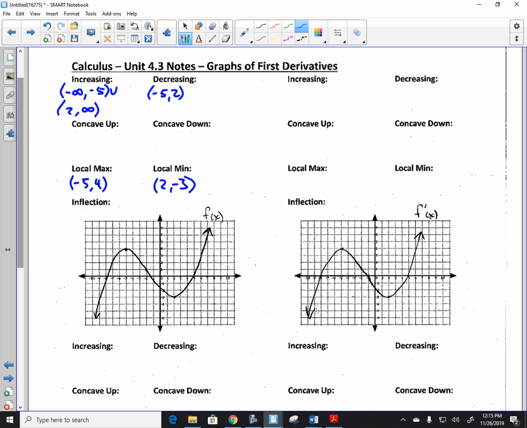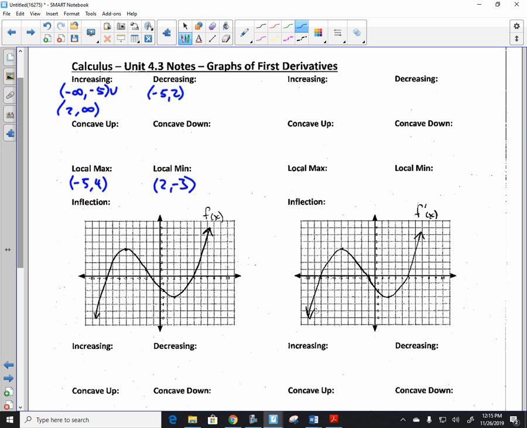Okay. Concave up or concave down? Concave down. Concave up or concave down? You tell me when it switches. Where?